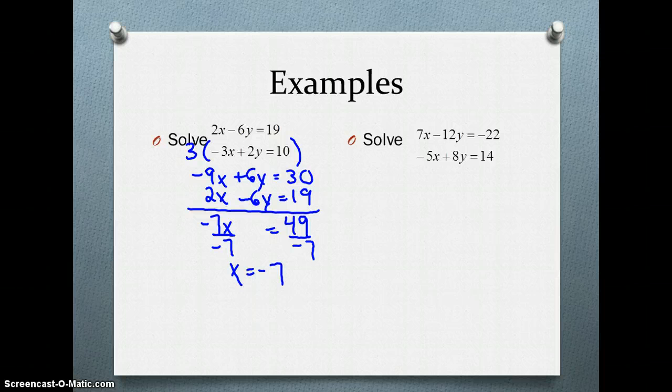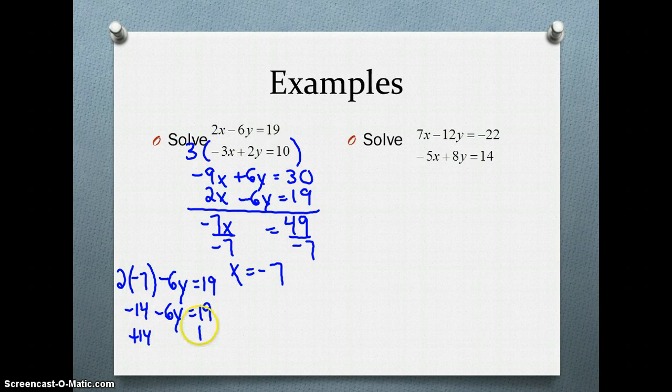From here again, we need to get our y coordinate, so we'll substitute. I'm going to use the top. I'll have 2 times negative 7 minus 6y equals 19. I got negative 14 minus 6y equals 19. I now add 14 to both sides.